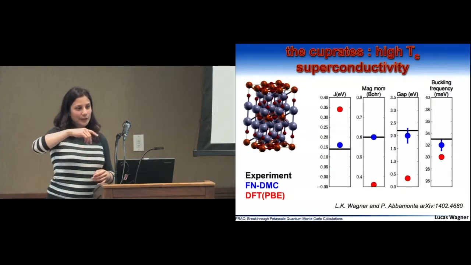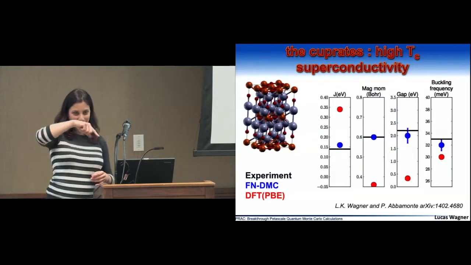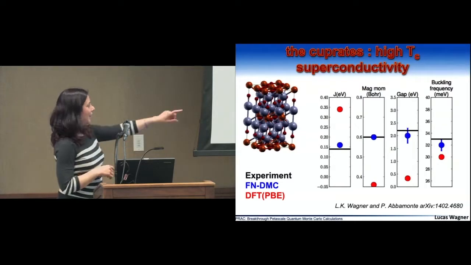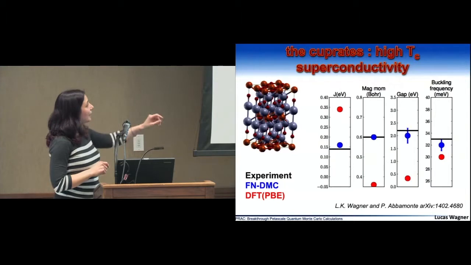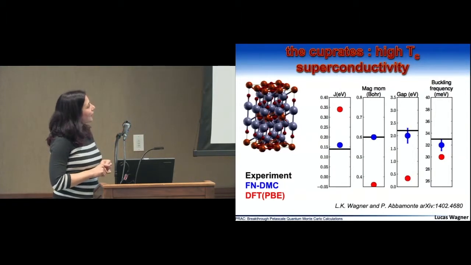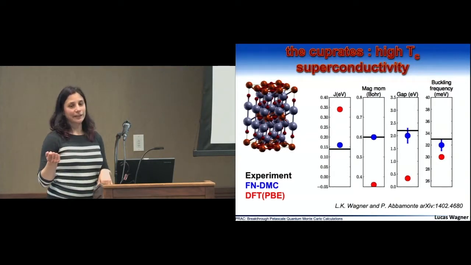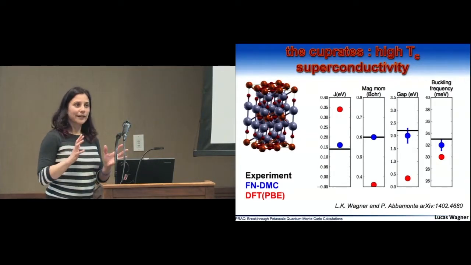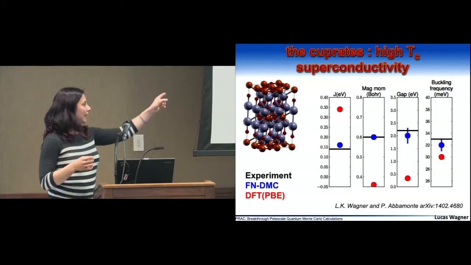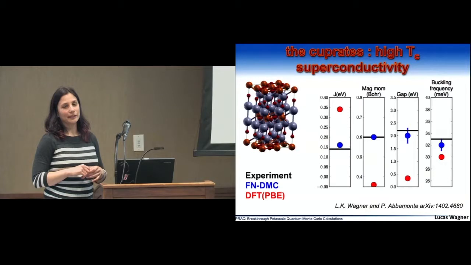This is the frequency of the lattice vibrational mode associated with this D wave buckling mode related to the superconductivity. For these different parameters, this black line is the experimental value. The red dots are our previous degree of accuracy coming from different, more conventional techniques. And what I'm showing in blue are the calculated values using quantum Monte Carlo methods.